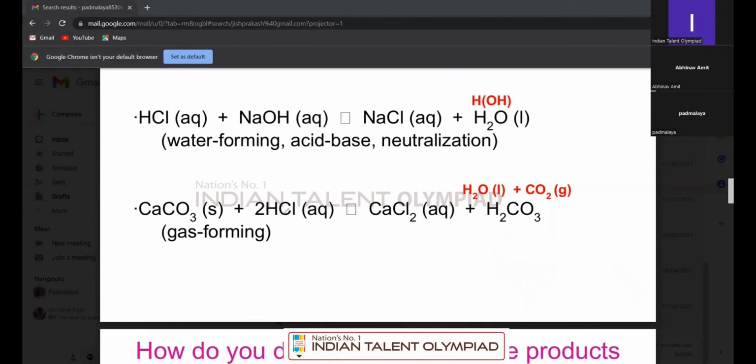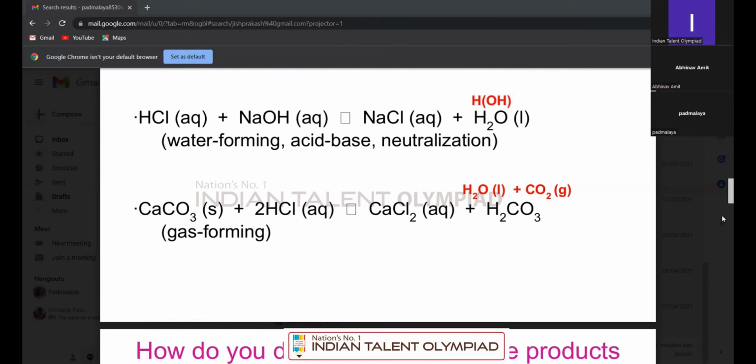It is also acid and base only, but it is a weak base and strong acid. And whenever you have carbonate salts, there is formation of carbon dioxide in the product.